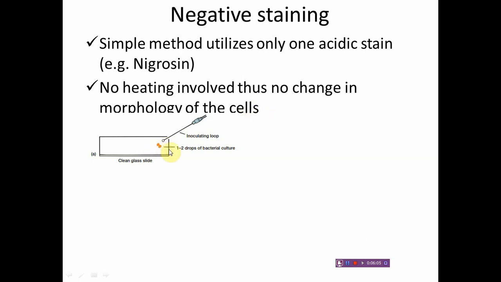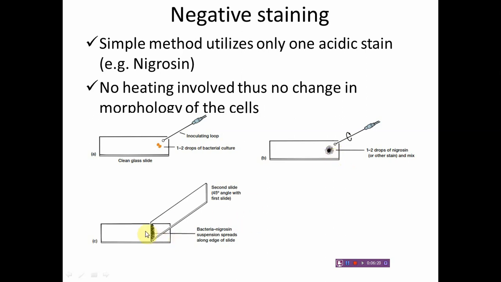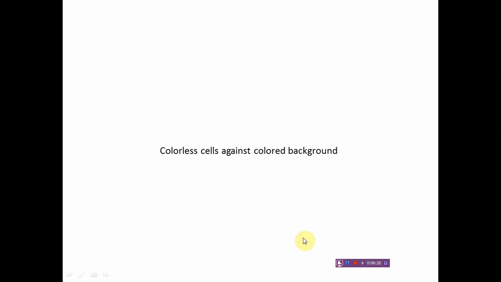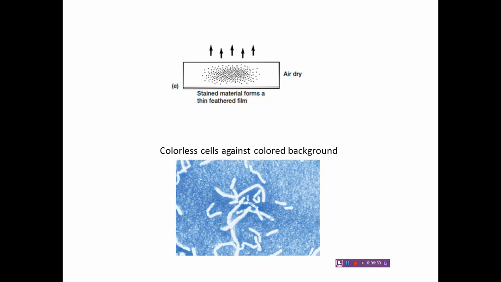One to two drops of bacterial culture are taken near the edge of the slide with the help of an inoculating loop. One to two drops of nigrosin are added to the bacterial culture. Both the drops are mixed and the mixture is spread with the help of another slide. This is preparation of a direct smear. After the smear is air dried, it is directly observed under the microscope. We see the colorless cells and the colorful background.